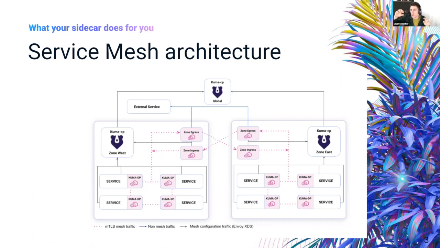And then Kuma has configuration, right? And this configuration gets translated into Envoy configuration. Does that make sense? And yes, Musa, it's typically under 5%.